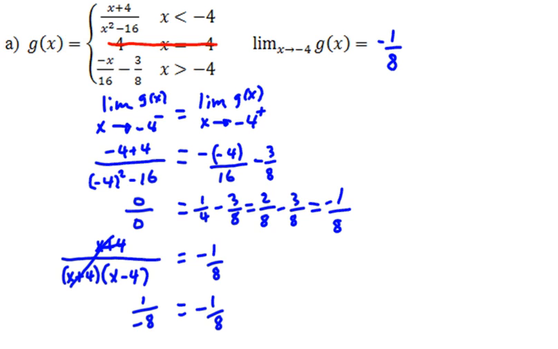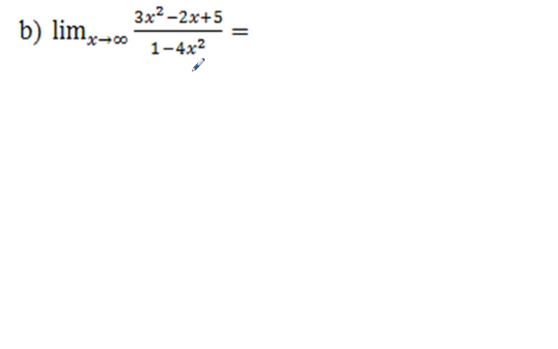So let's go on. I don't think the other ones are quite that involved. Now we have a limit as x approaches infinity, which is a horizontal asymptote. And as we go toward infinity, if you look at the highest exponent of the polynomials, we have 3x squared over negative 4x squared. In comparison to these higher values, as we go toward infinity, the lesser terms really aren't of consequence.